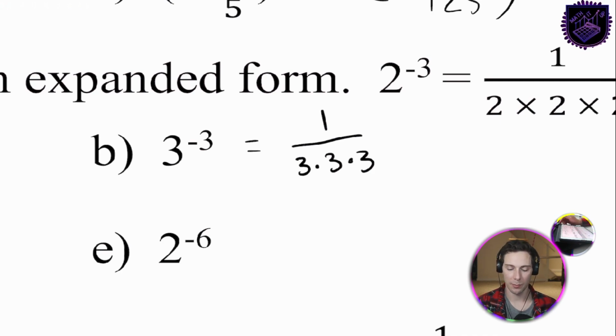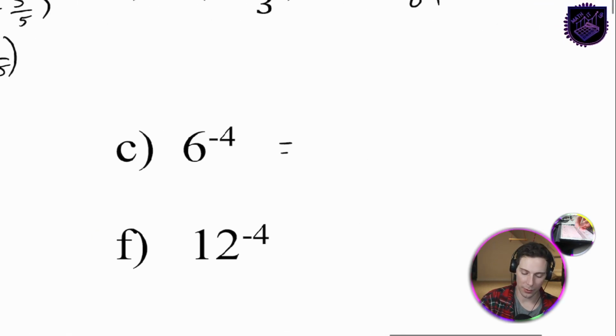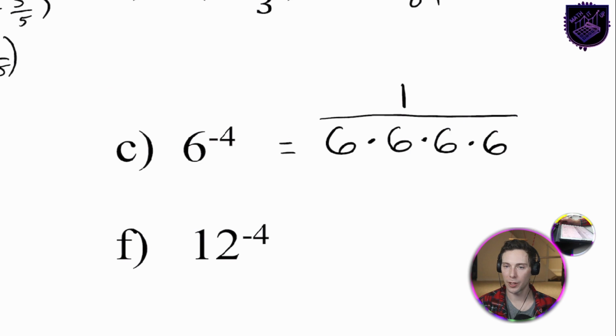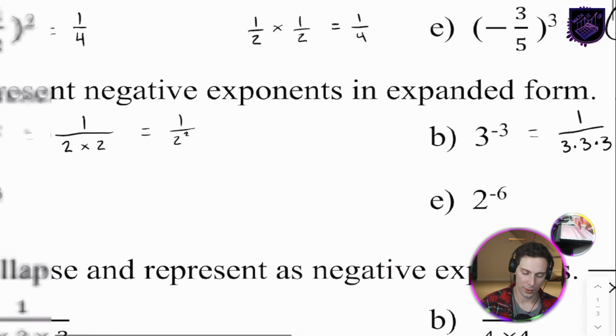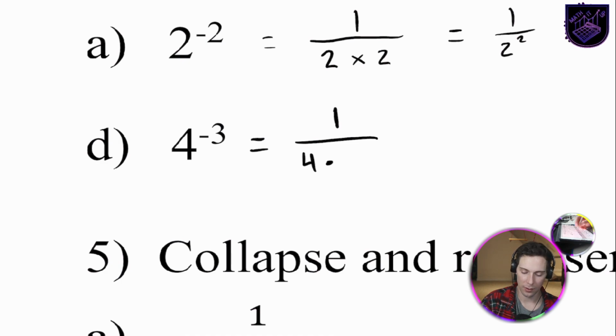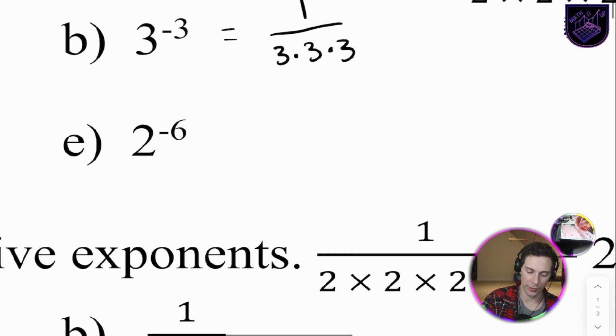And these dots can represent multiplication. 6 to the power of negative 4 is equal to 1 over 6 times 6 times 6 times 6. 1 is the numerator. That's all I want you to do. So this is equal to 1 over 4 times 4 times 4. Nice and simple. So we're not solving, we're just writing an equivalent expanded form.